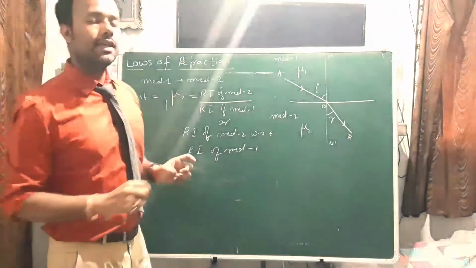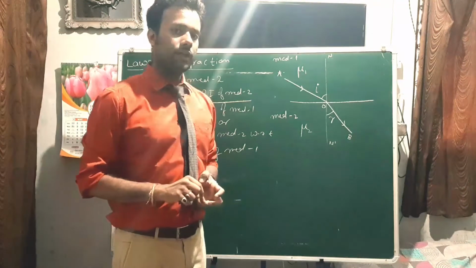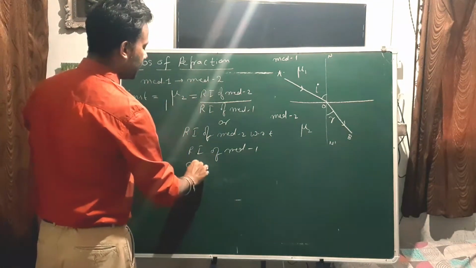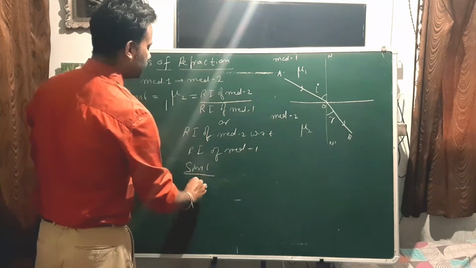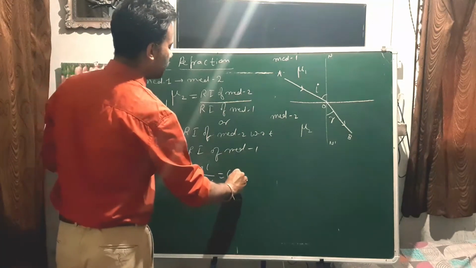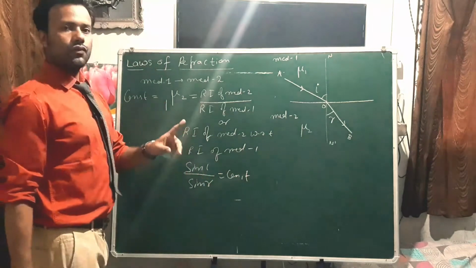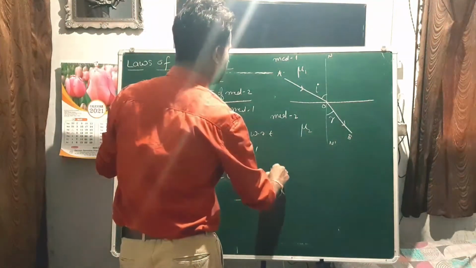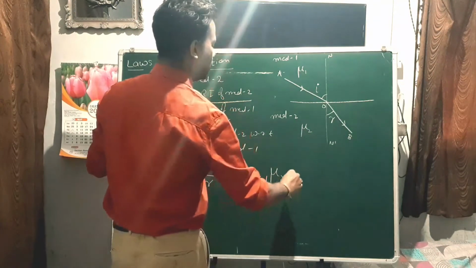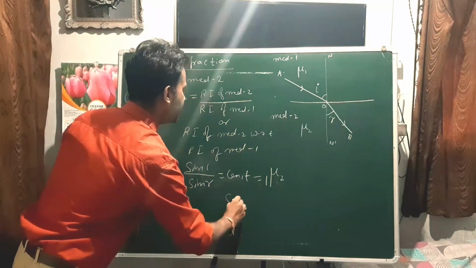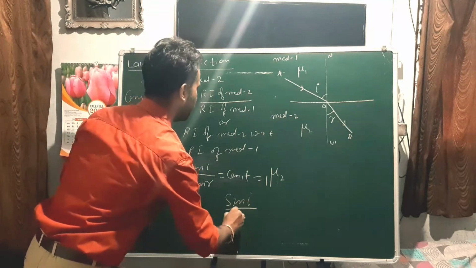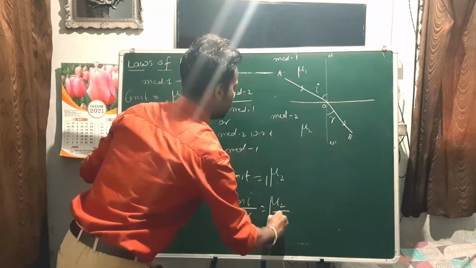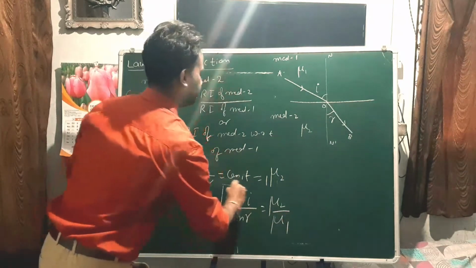So how can we write Snell's law now? Snell's law was sin i upon sin r equals a constant, and the value of the constant is nothing but 1 mu 2, so 1 mu 2 equals mu 2 upon mu 1, or simply sin i upon sin r equals mu 2 upon mu 1.